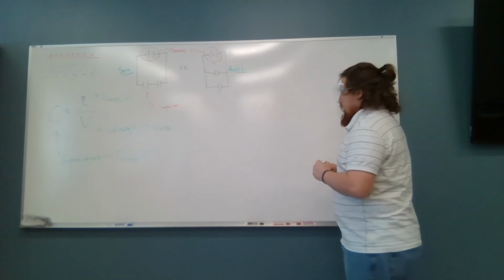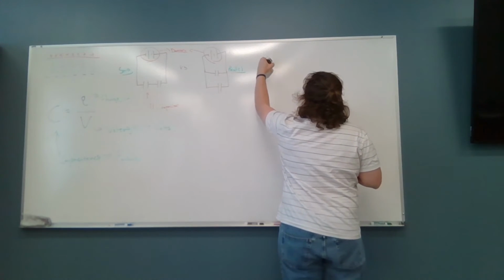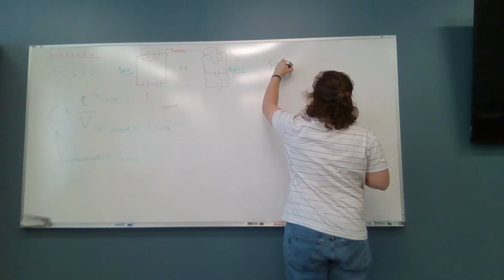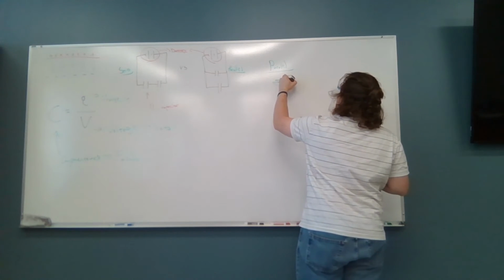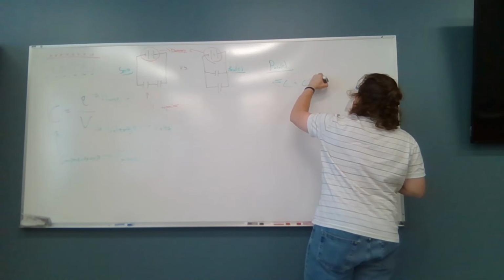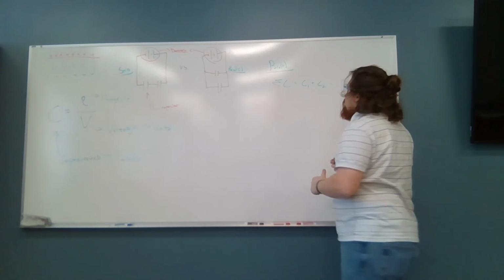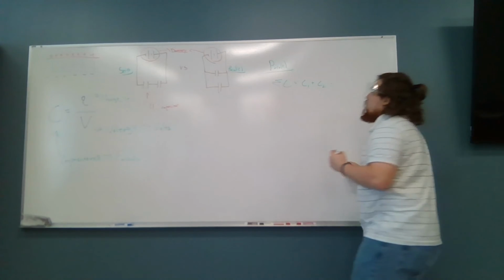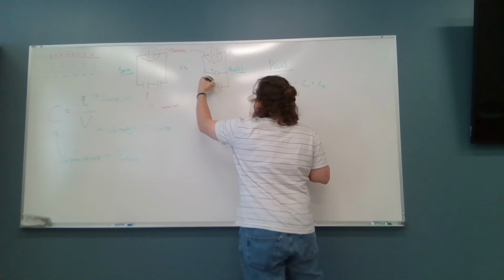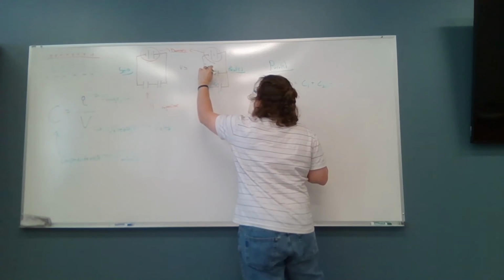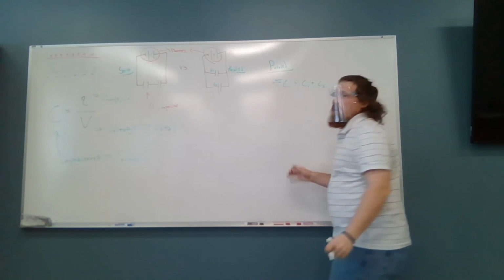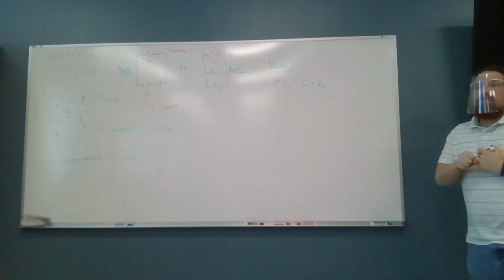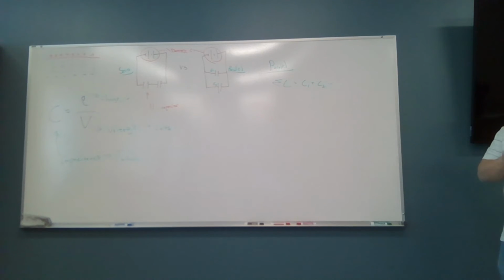The math for that, in a parallel circuit, the total capacitance is equal to the sum of every capacitor present. I'm going to label this as C1, this is C2. If you dealt with circuits before and you're remembering resistors in a circuit, this might seem backwards, because it is.